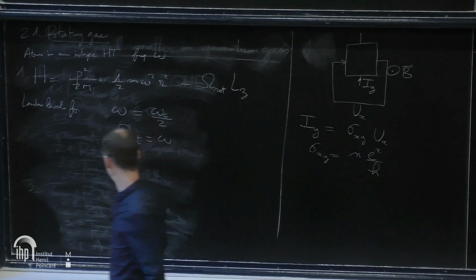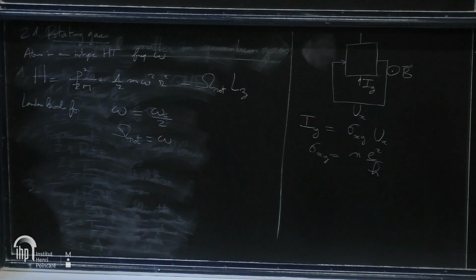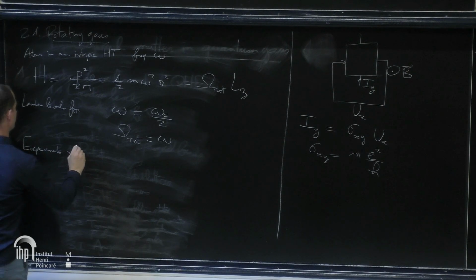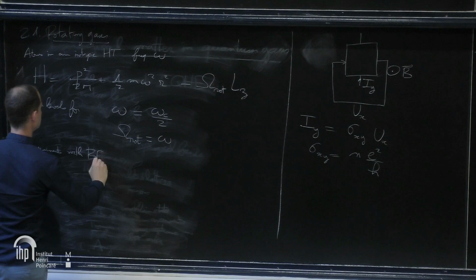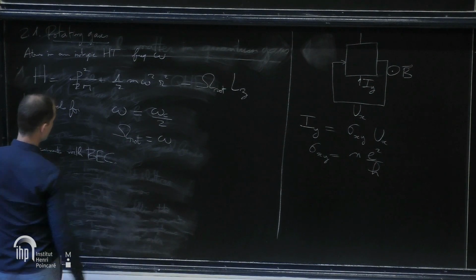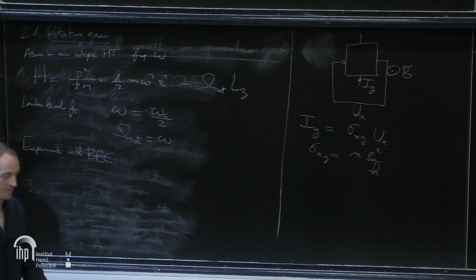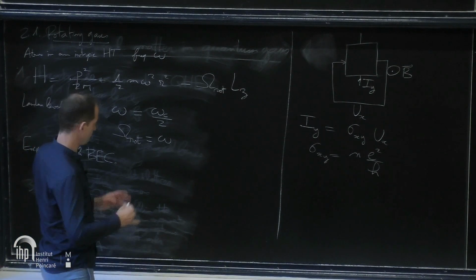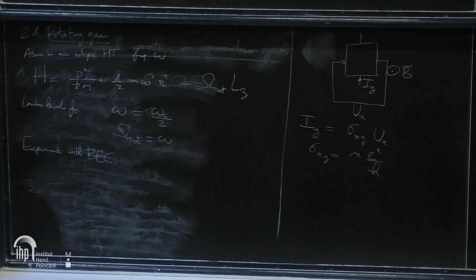So this was basically the starting point of many experiments that were done with BECs, Bose-Einstein condensates. So in Paris, also in the group of Wolfgang, and the group of Eric Cornell as well, and well, many experiments.